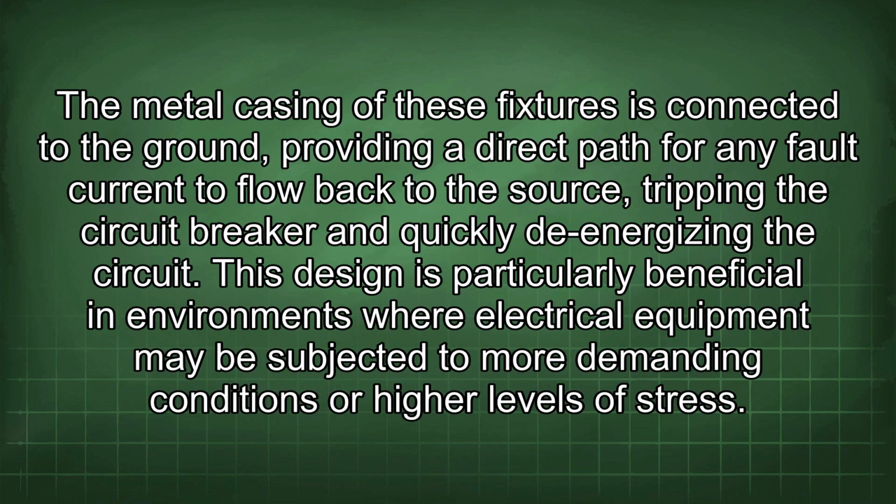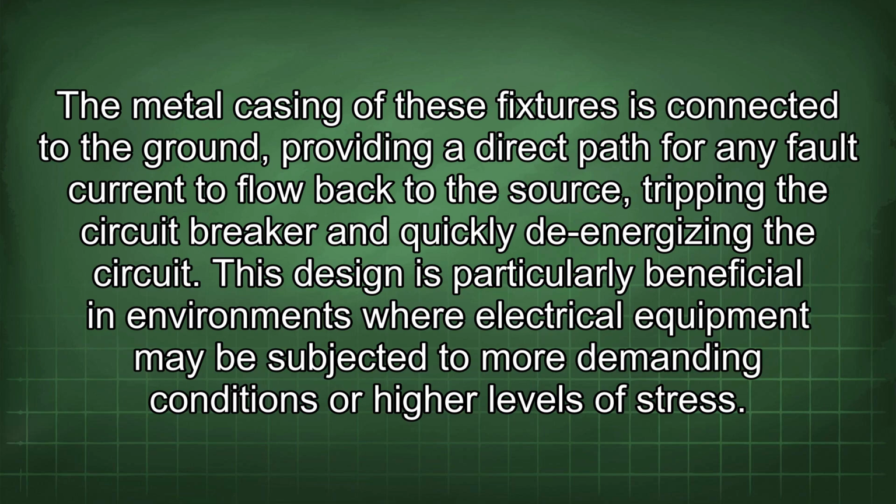The metal casing of these fixtures is connected to the ground, providing a direct path for any fault current to flow back to the source, tripping the circuit breaker and quickly de-energizing the circuit.